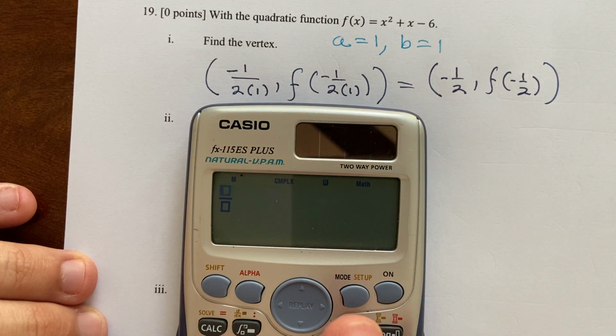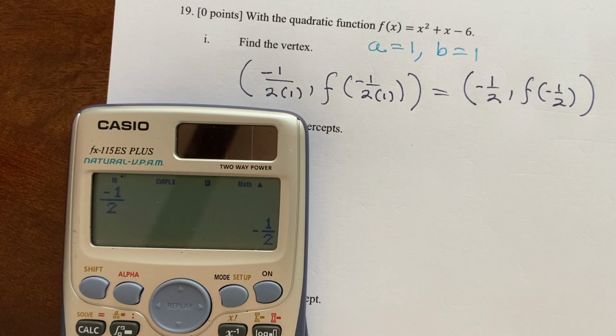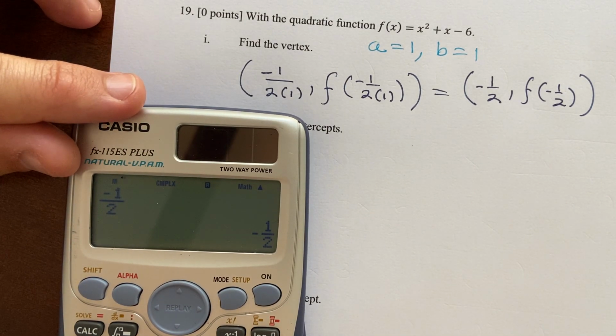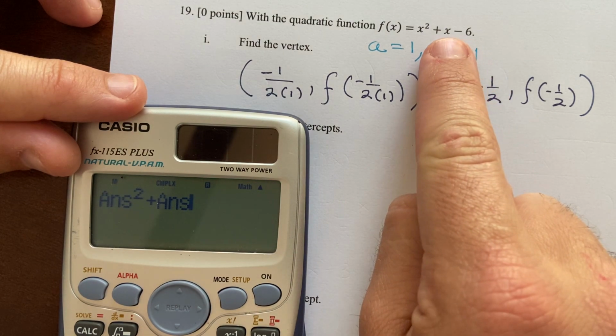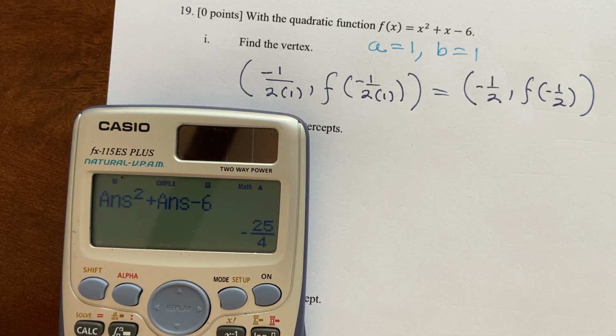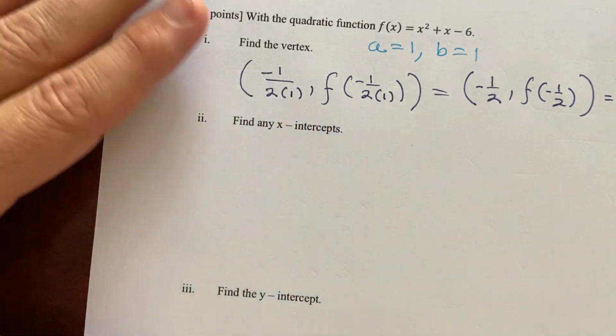So I can say, all right, negative 1/2, press enter, and then what I can do is reference that. So I'll say answer squared plus answer, right? I'm plugging into here now, minus 6, and this will tell me the y component of the vertex. So we have a fractional vertex this time.